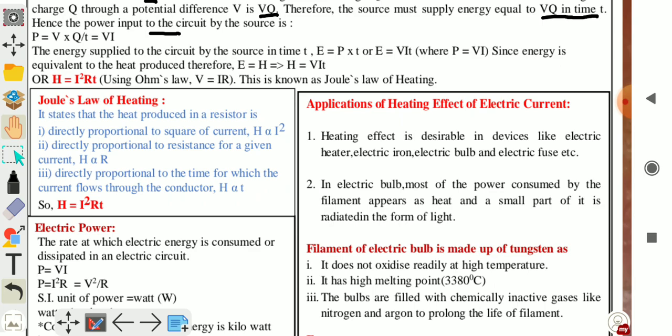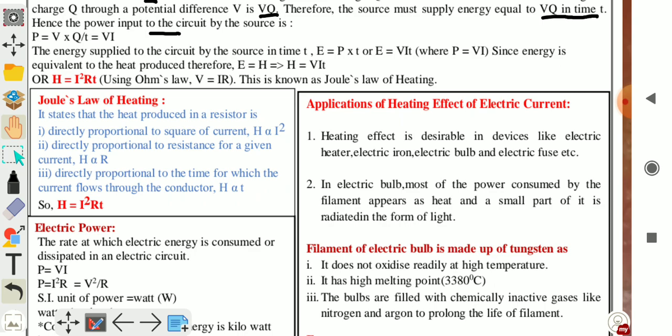it states that the heat produced in a resistor is directly proportional to the square of current, that is H is directly proportional to I square, and also directly proportional to the resistance for a given current. So H is directly proportional to R, also directly proportional to the time for which the current flows through the conductor.